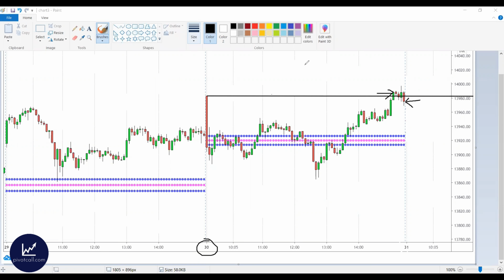It was a fake breakout. Had this candle made a big green candle, I would have said this is my turning point for the next day, and I would have looked at this level as an important level. Since that didn't happen and it reversed, there is no turning point on 31st.